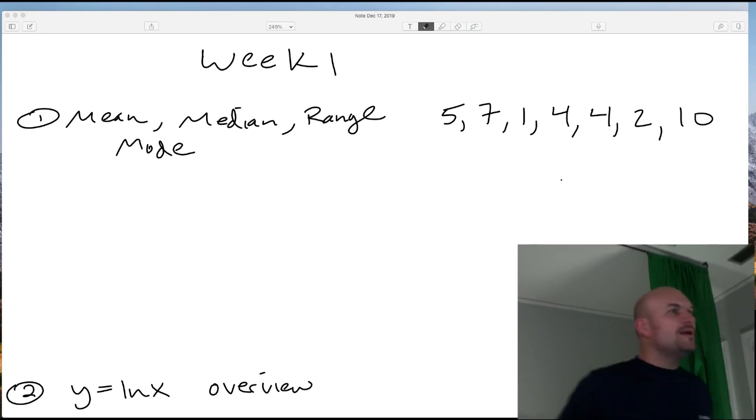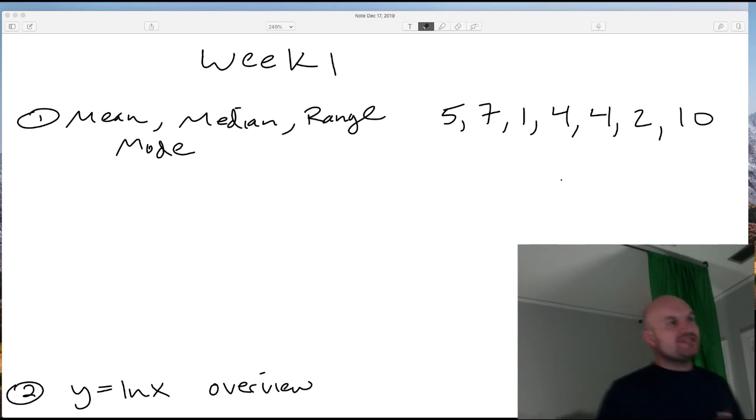Okay, the first one is, how do you identify the mean, median, range, and mode? Mean, median, and mode are ways that we measure central tendency of a data set of numbers. In this case, we have 5, 7, 1, 4, 4, 2, and 10.